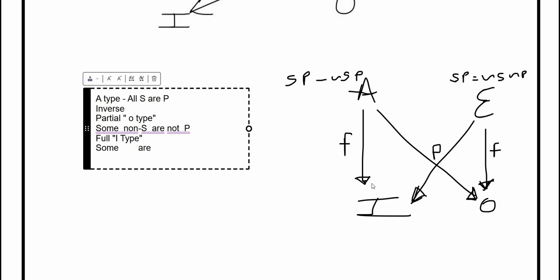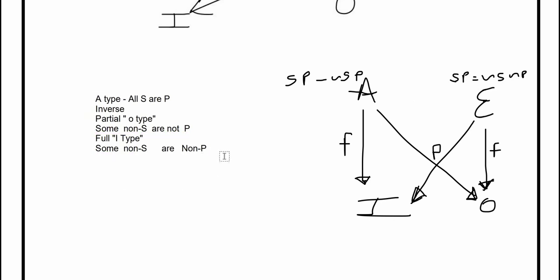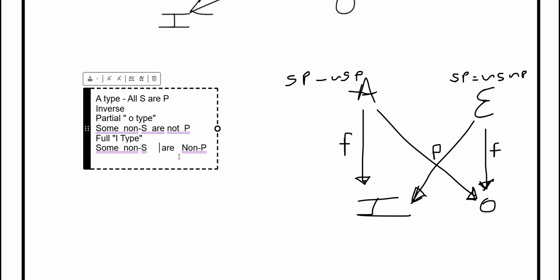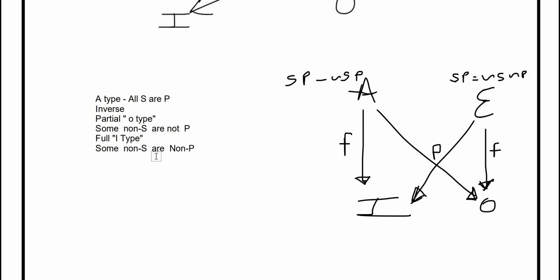Now since we want to do full, we'll have to do non S, non P. Some non S are non P. This is how you convert partial to partial. This is inverse we are doing right now. I hope this is clear. Now we know that we cannot do it for I and O. We can only do it for A and E in inverse.